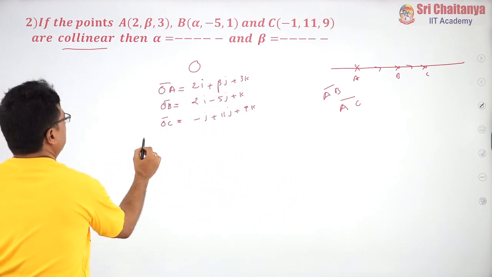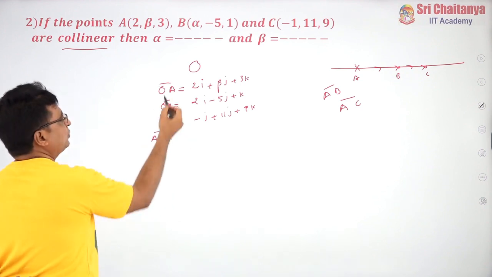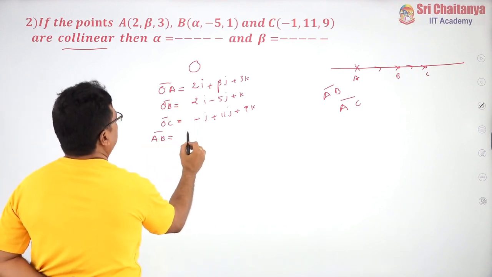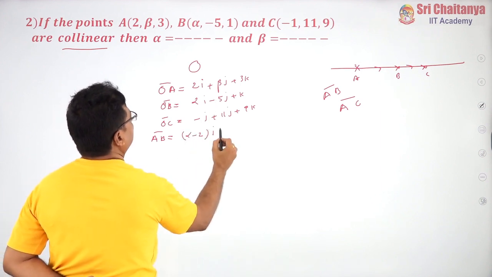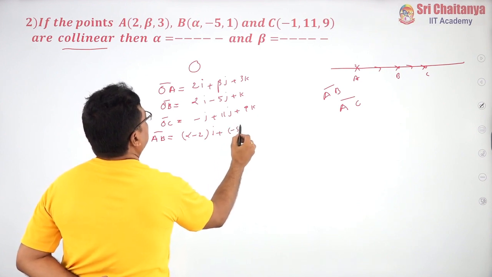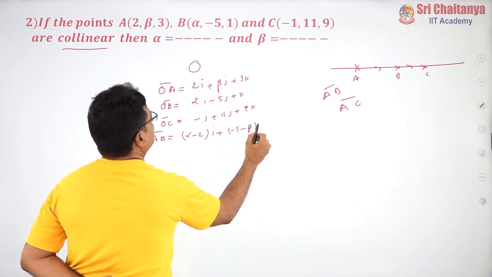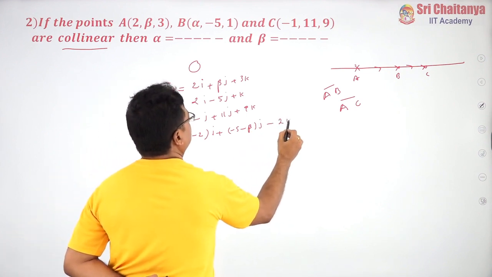So what is my AB bar? AB bar is equal to OB bar minus OA bar, that is alpha minus 2 into i plus minus 5 minus beta j plus minus 2k.